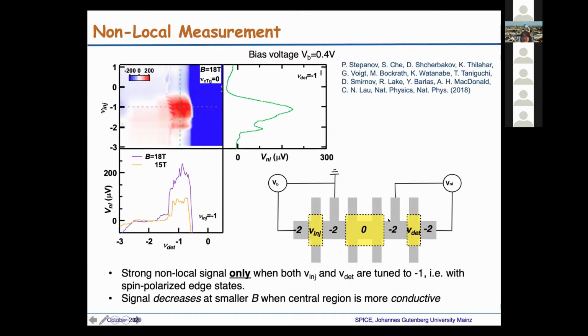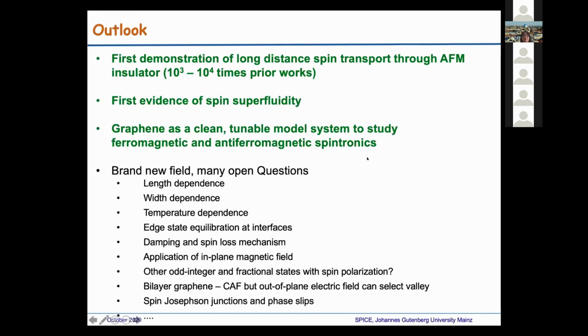I should mention that the width of this center antiferromagnetic insulator region is about 5 microns, and that's a few thousand times longer than the prior works.